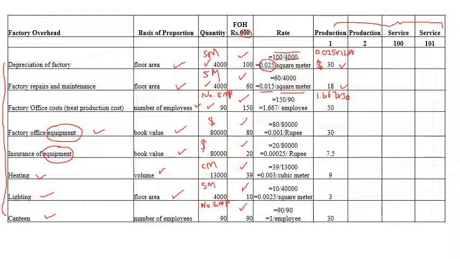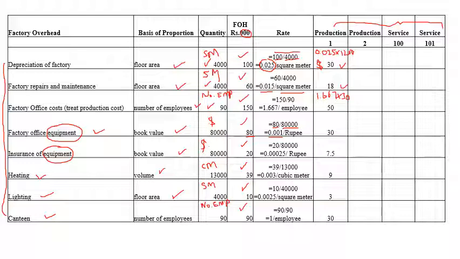Again, this $80 would be distributed according to the book value of equipment. So $80 divided by 8,000 book value, you will get 0.01 per rupee or per dollar.